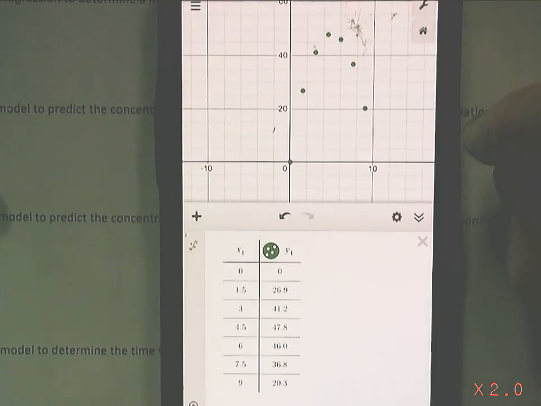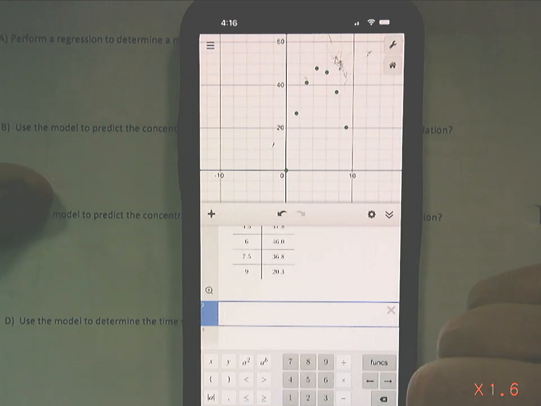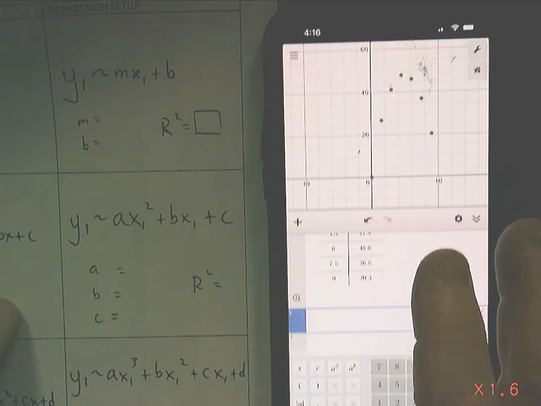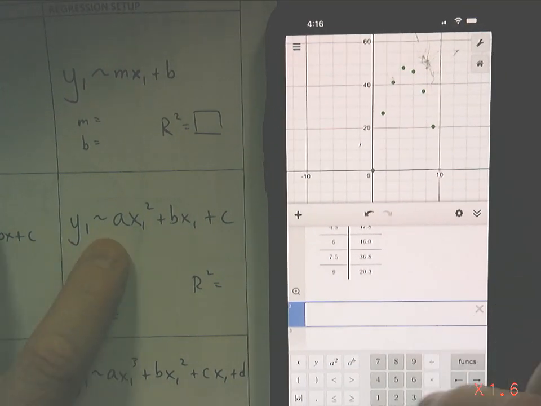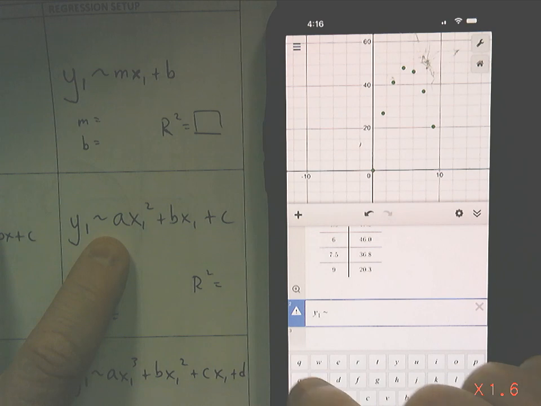So right away, I am going down to here. I'm flipping over to my quadratic regression, and I'll type in y1 tilde. It's easier on a keyboard, but that's okay.